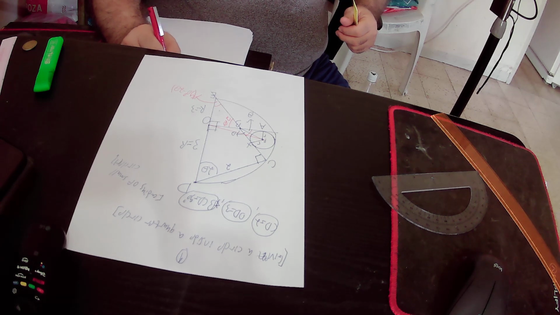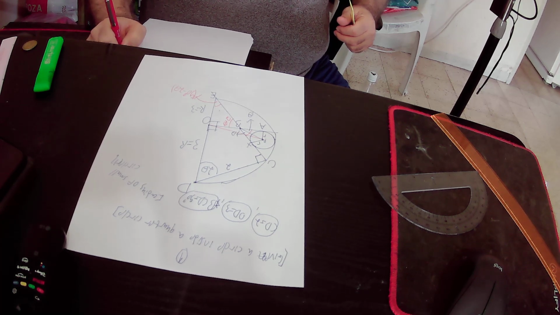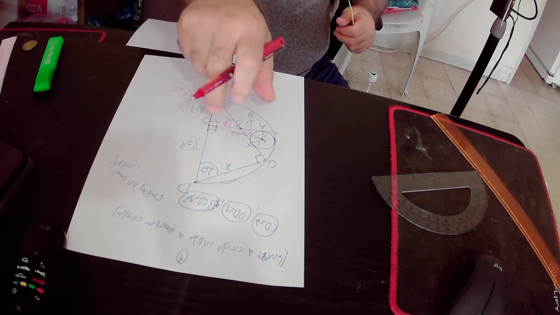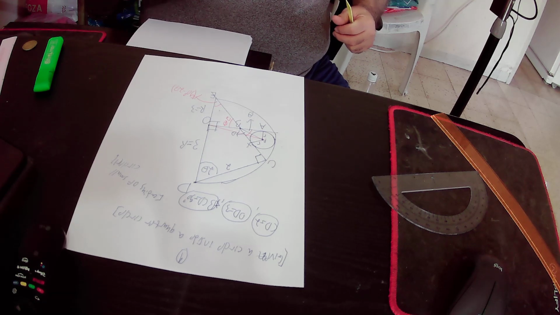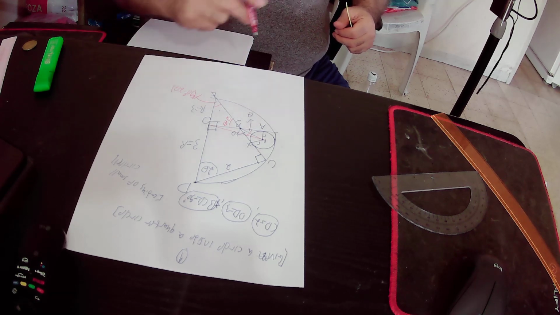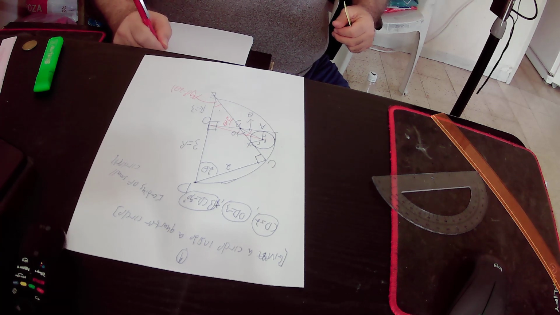AO, or OA, is tangent to the small circle, and AP is the radius of the small circle.